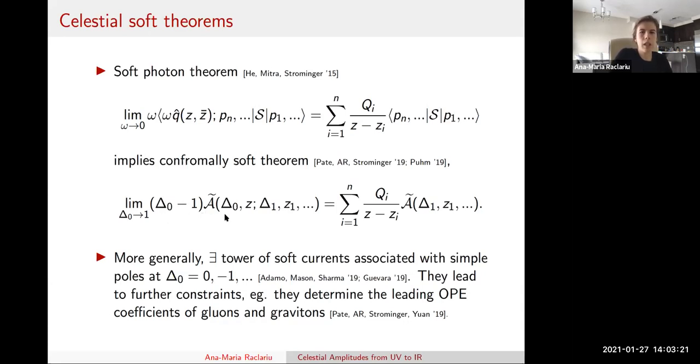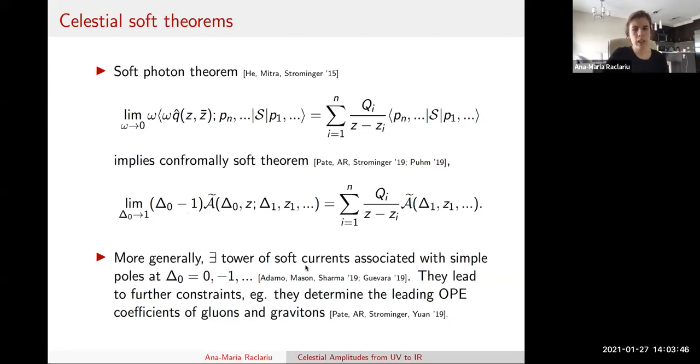So in particular, the leading soft photon theorem would be extracted by taking the limit as delta 0 goes to 1 of the celestial amplitude. And this will actually amount to inserting a soft, or conformally soft, photon in this amplitude.